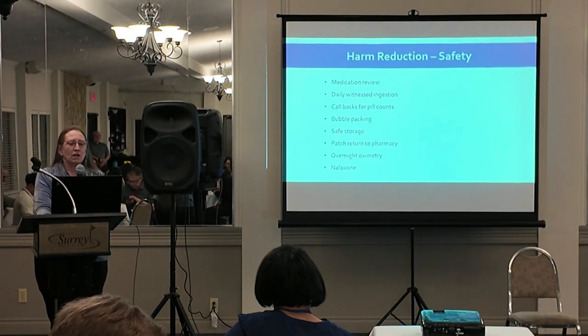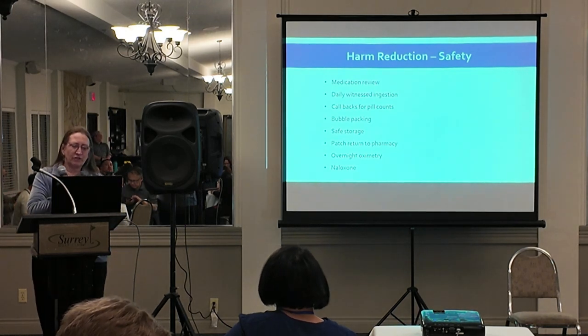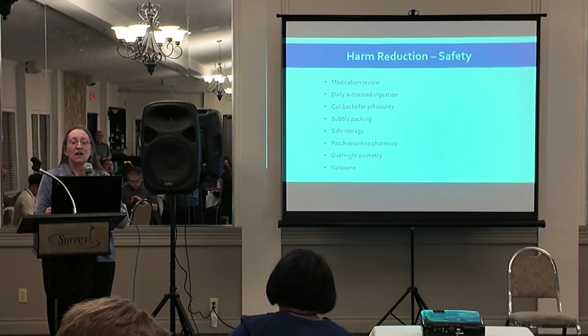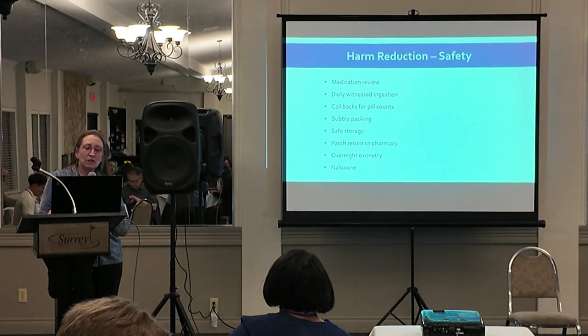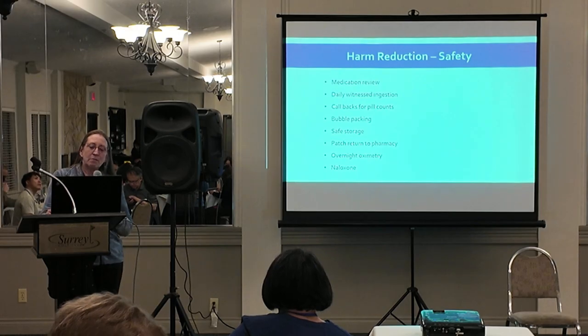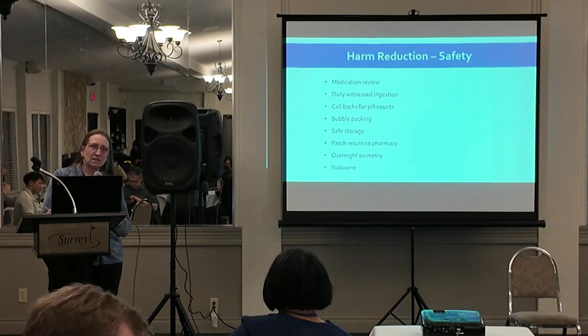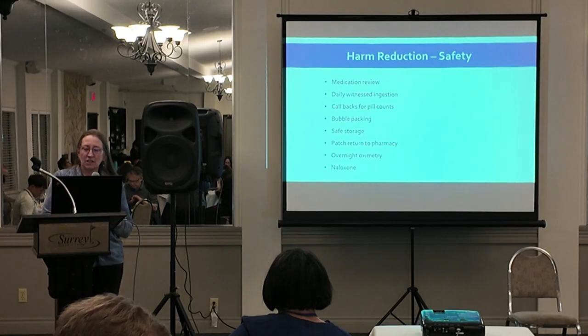So just to talk in the last minute on safety. Medication review, I've got 1 minute left. Medication review, daily witnessed ingestion, callback for pill counts, bubble packing, safe storage discussion with locked storage at home, patch return policies, overnight oximetry if they're exhibiting any signs of sleep apnea, and then having a naloxone kit.